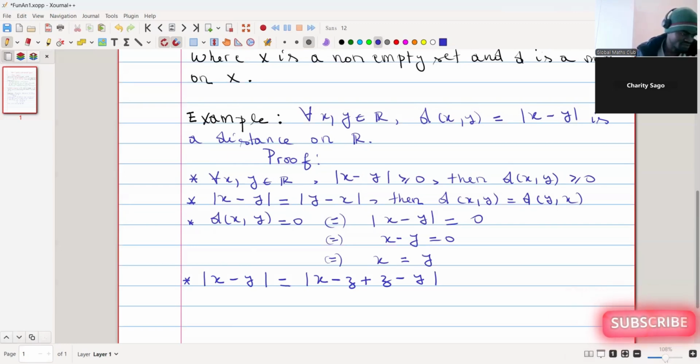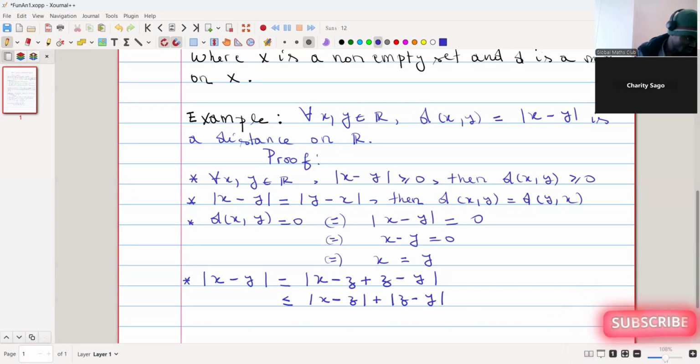Now, by applying the triangle inequality, this is less than what? The absolute value of x minus z plus the absolute value of z minus y. So what do we have on the left-hand side?